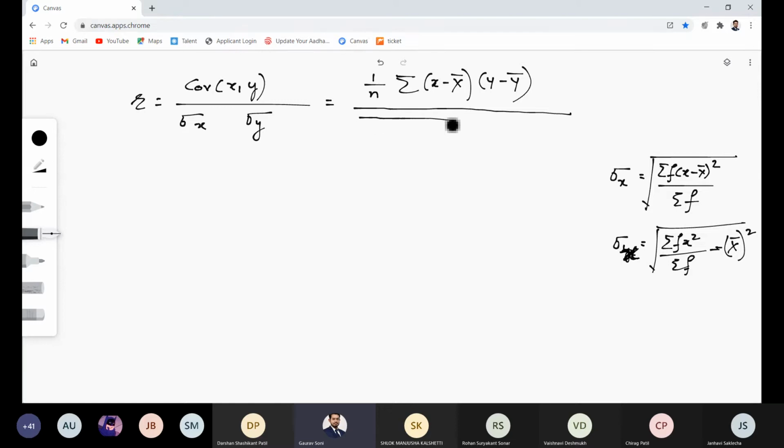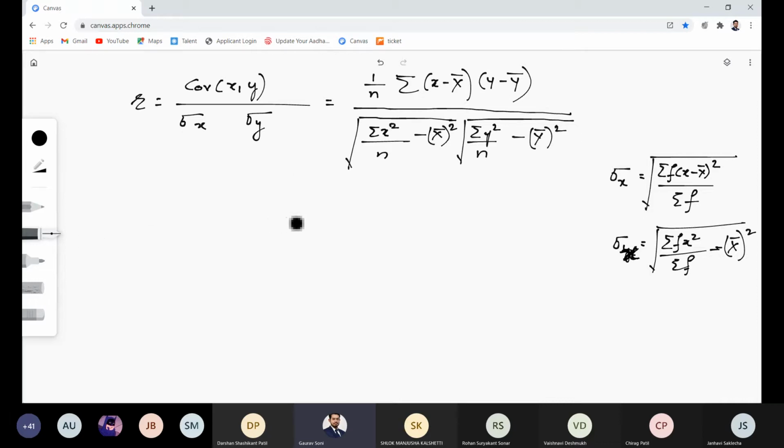Under root summation x square divided by n minus x bar square. Under root summation y square by n minus y bar square.